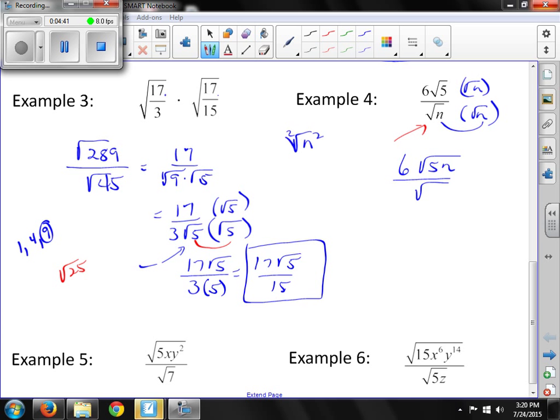When we have the square root of n squared, 6 square roots of 5n over the square root of n squared automatically becomes n, because 2 goes into 2 one time.